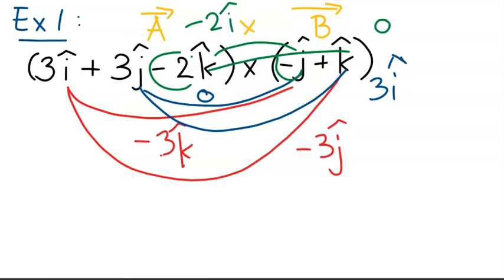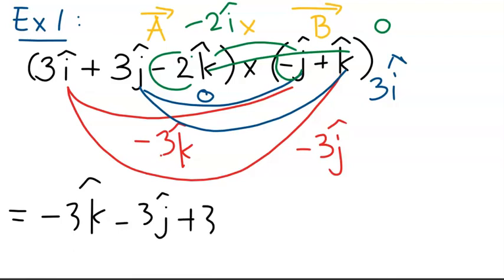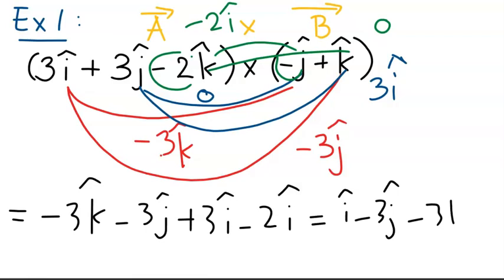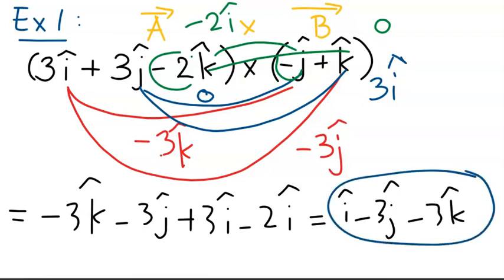So when you add all these non-zero terms, you get minus 3k hat minus 3j hat plus 3i hat minus 2i hat. And the final answer is i hat minus 3j hat minus 3k hat. So that's the final result for this vector product.